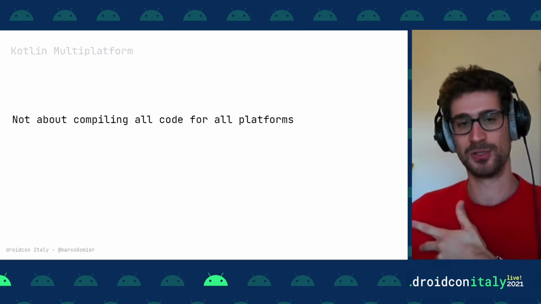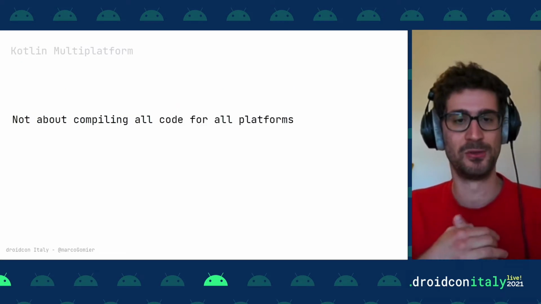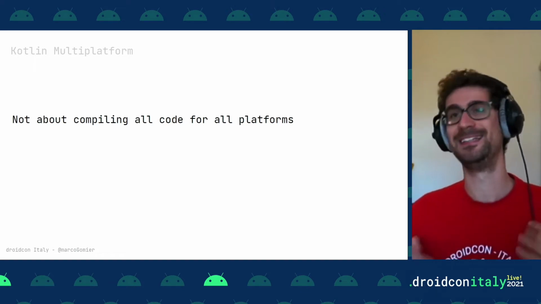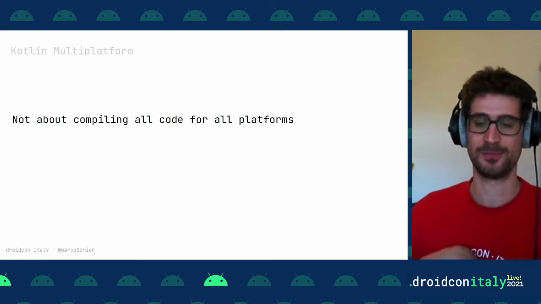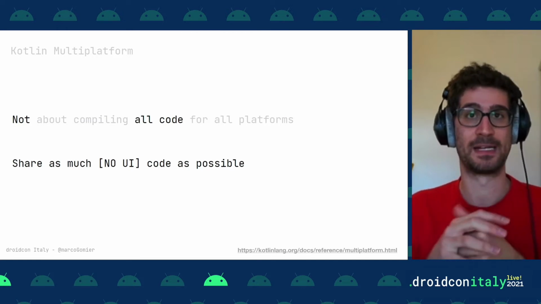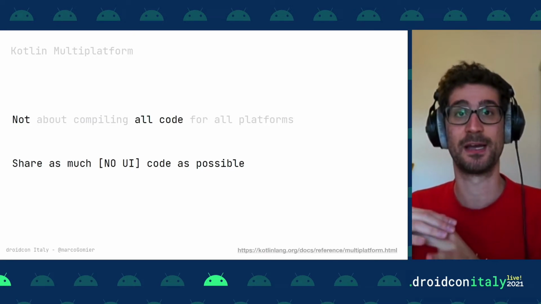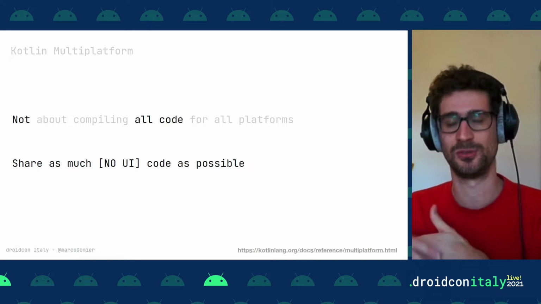And that's because Kotlin Multiplatform is not about compiling the entire code for all the platforms, but only a small part of the code, and in particular, only the code that is not UI.